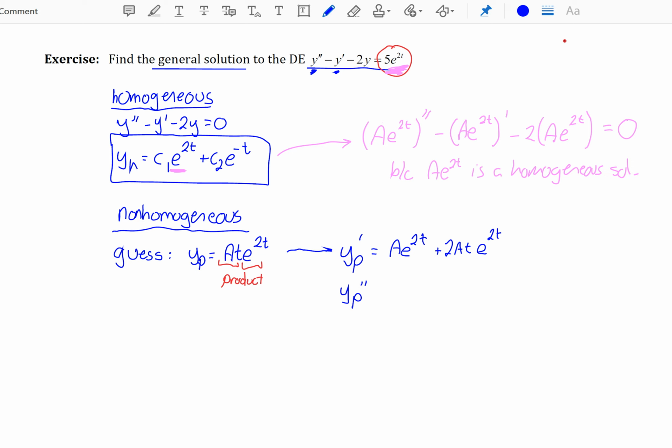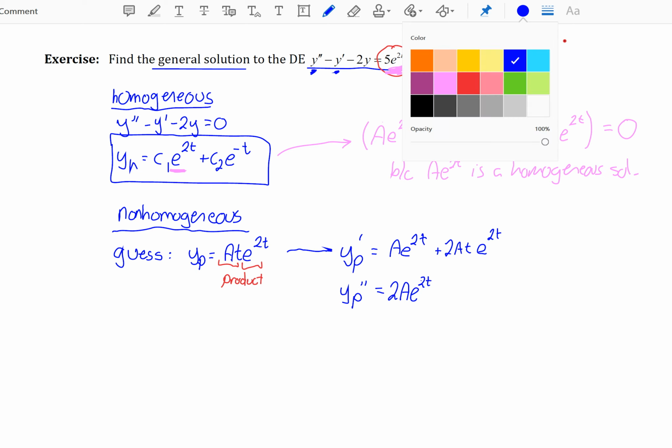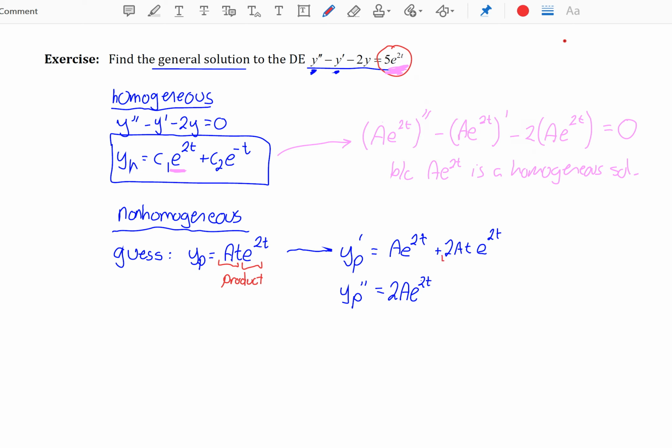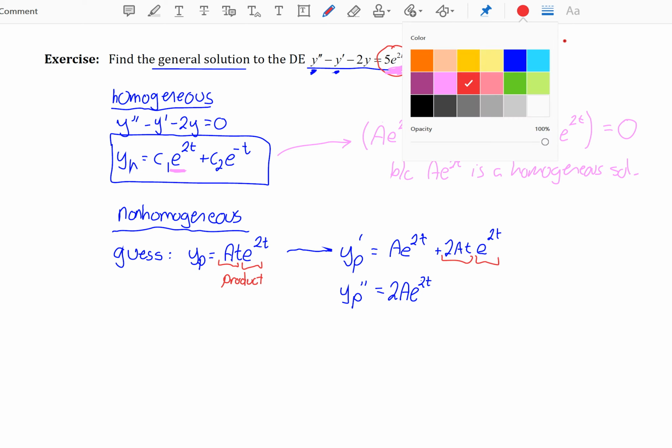If that's our first derivative, then for our second derivative, the derivative of a e to the 2t would be 2a e to the 2t. And on our second term, again, notice that we still have a product here. So product rule still applies.